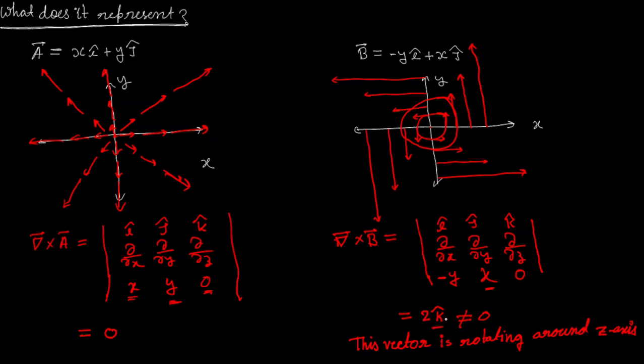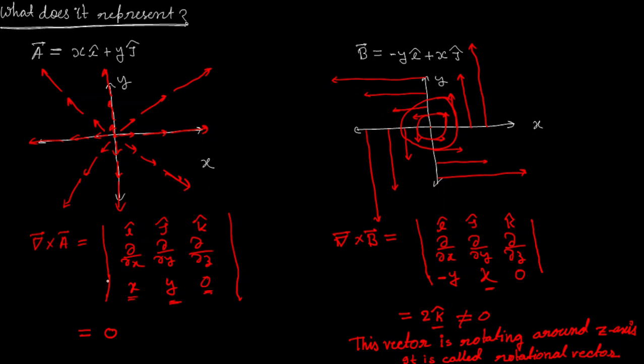The rotational direction is along k cap. That means it will be rotated around the z-axis. And this type of vector is usually called a rotational vector because it is rotating around some axis.